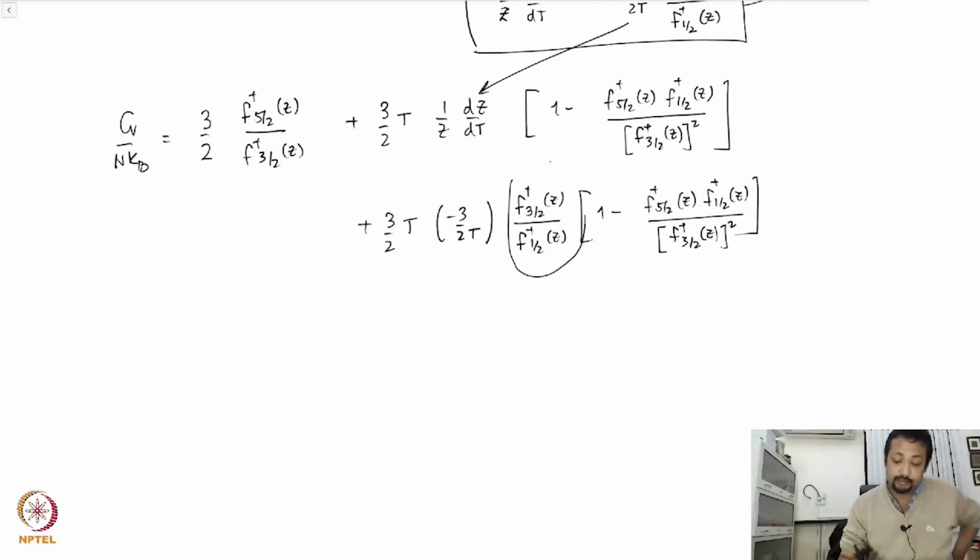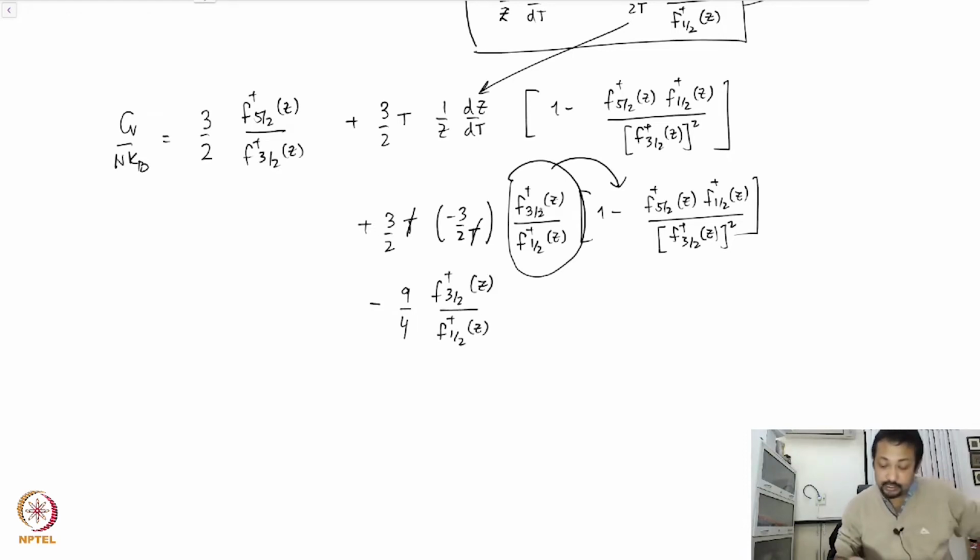Take this inside. If you take this inside, then you see, first of all, this t and this t get cancelled out, and the product of minus and plus gives you a minus, so that you have minus 9 by 4, and then the first term is f plus 3 by 2 of z divided by f plus half of z.